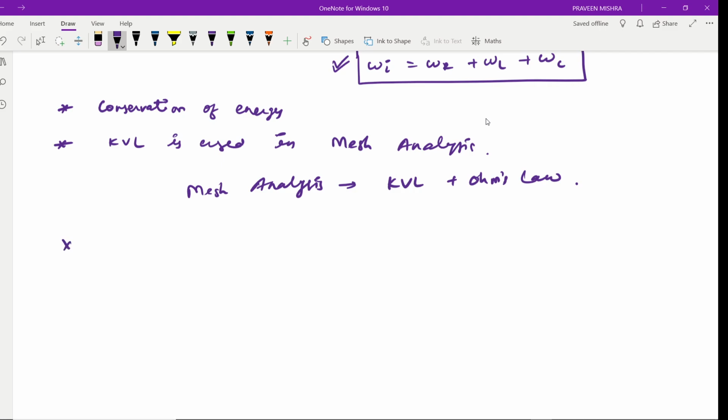And this KVL is valid for all types of elements.